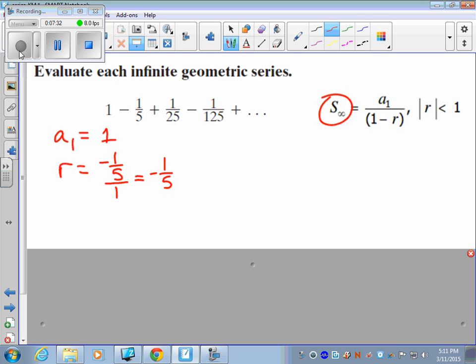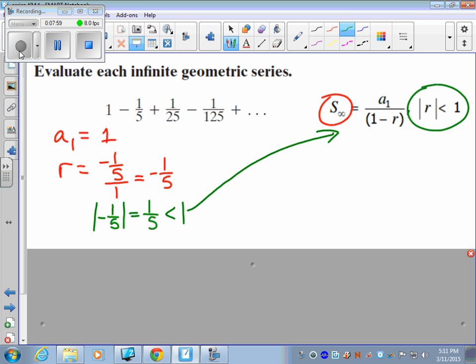And on the right side, it tells us absolute value of R is less than 1. Well, absolute value of negative 1/5, how far is that away from 0? That's 1/5 away from it. So the absolute value of that, 1/5, is certainly less than 1. So therefore that tells us we can use this formula. So yes, we can use the formula.